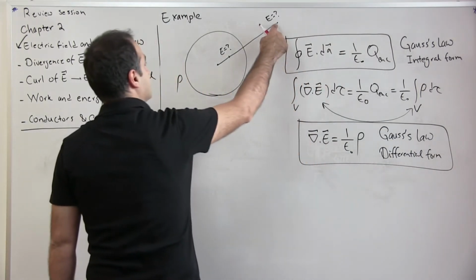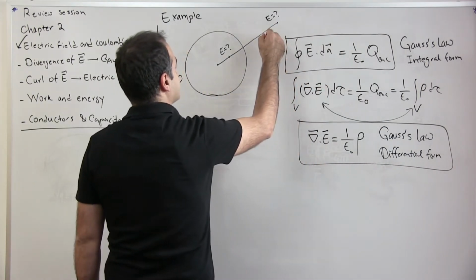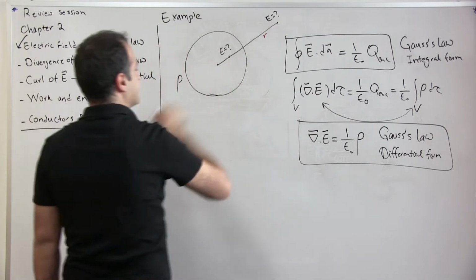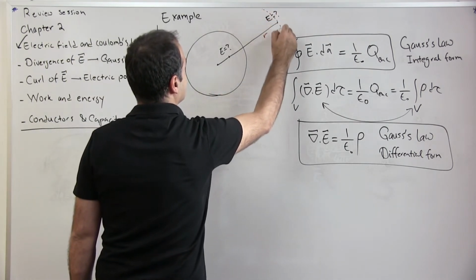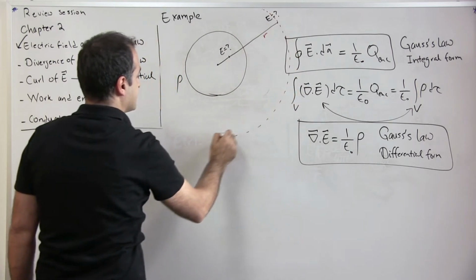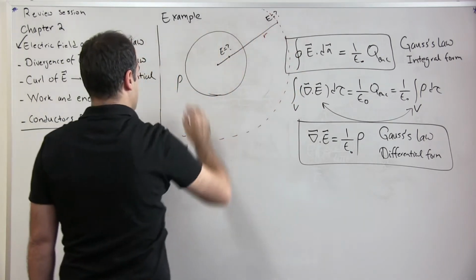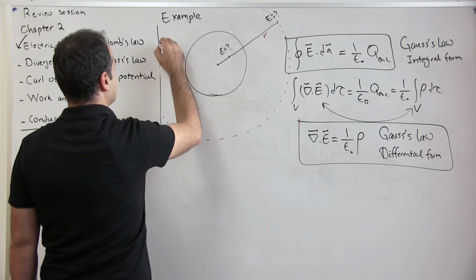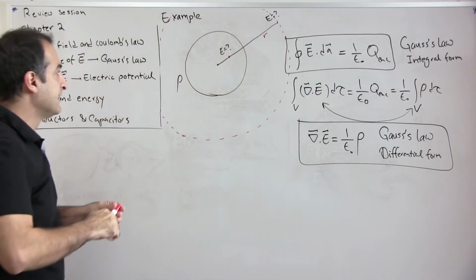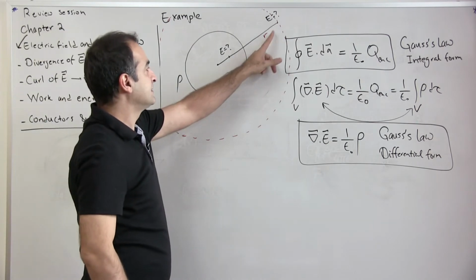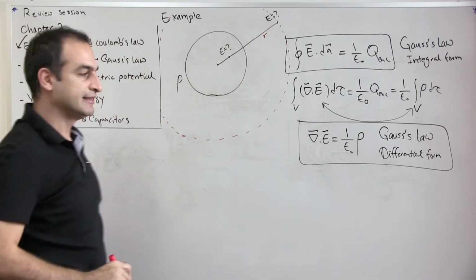So if you want to look at the electric field here at distance r from the center of this uniformly charged sphere, you need to look at the Gaussian surface, which is a sphere with the same radius as the distance we are calculating the electric field at.